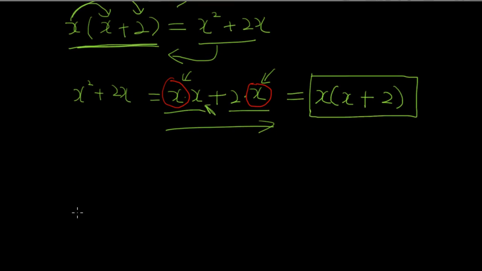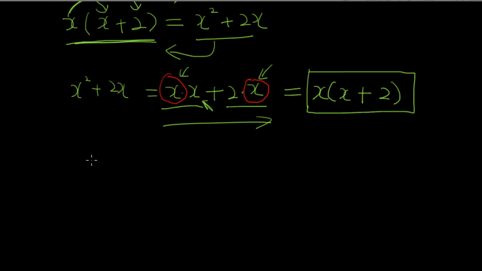So let's say we have x squared plus 2x equals 0. Let's say we have this equation and we try to solve it. What do I mean by solve this equation?